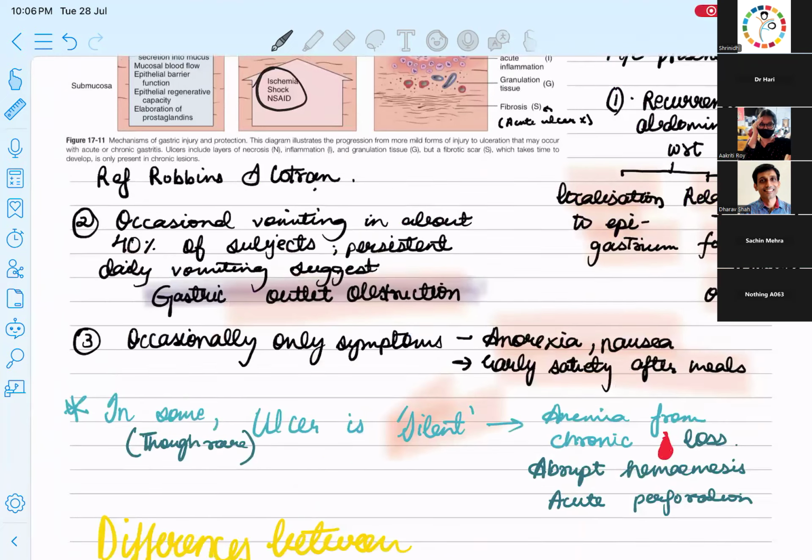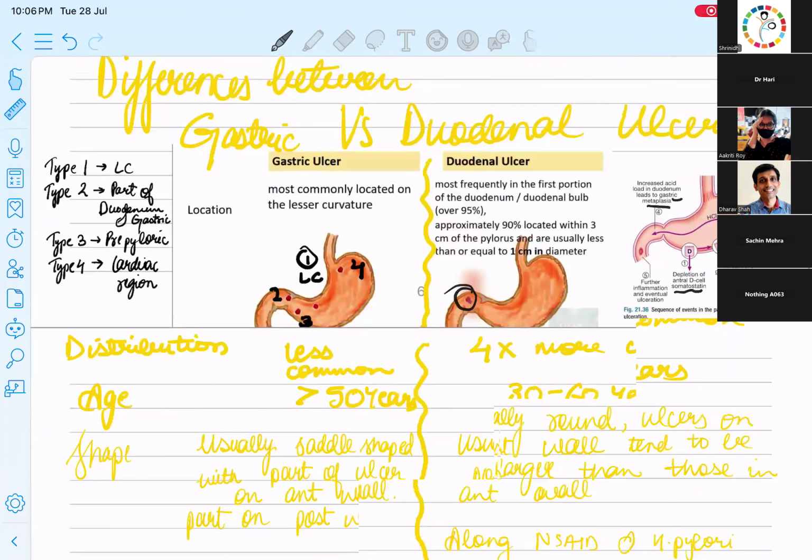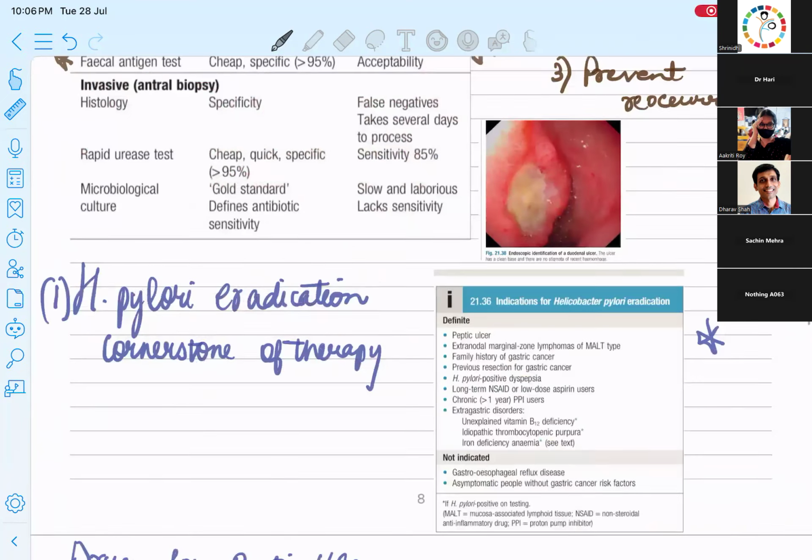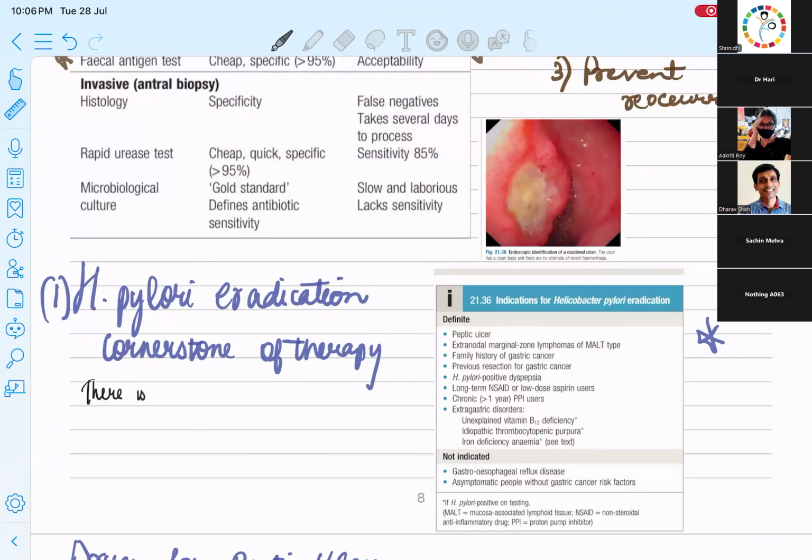Another thing regarding ulcer formation: as I mentioned, duodenal ulcers are because of excess acid, and gastric ulcers are usually because of low acid and impaired barriers.